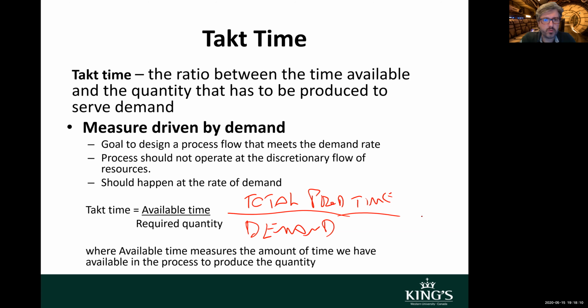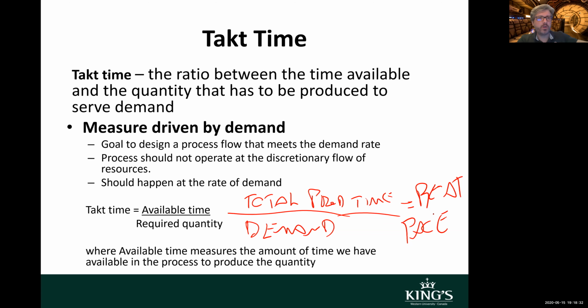That's your total production time, and the required quantity, that's your demand. That's how you figure out your takt time. This is the beat. This is the pace which your assembly line should follow. Okay, so it's driven by demand.